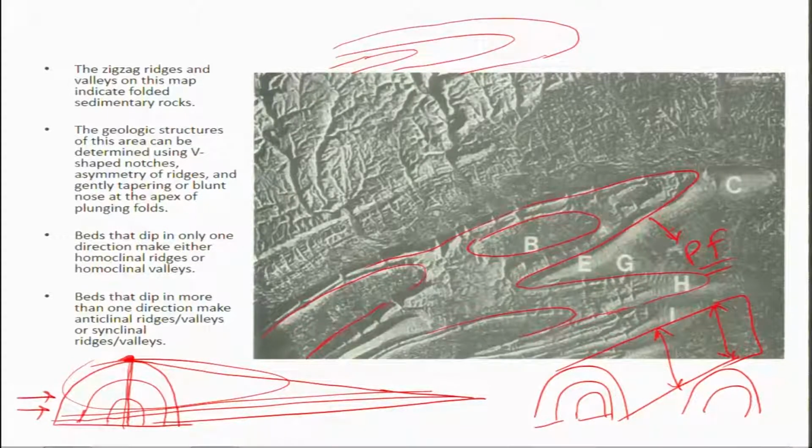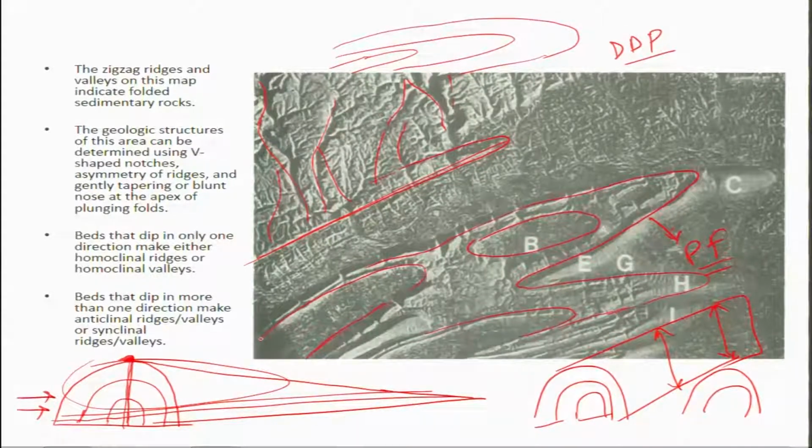So, in this case you can look that there is a linear ridge like feature and streams are coming, and these are the tributaries actually which are joining the main channel. Okay. So, most probably you will find the dendritic drainage pattern in such regions, dendritic drainage pattern.